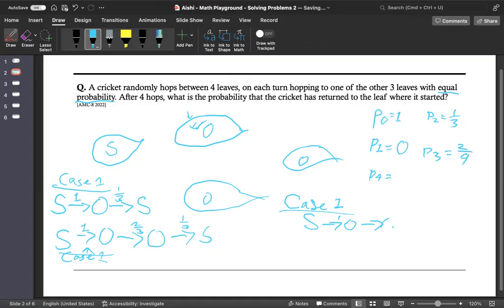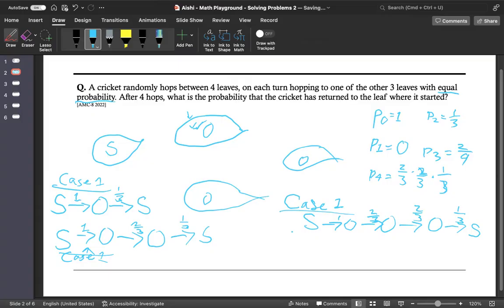O to O, 2 by 3. Then from O to O again is another 2 by 3. And then from O to S is 1 by 3. So we have 2 by 3 times 2 by 3 times 1 by 3.